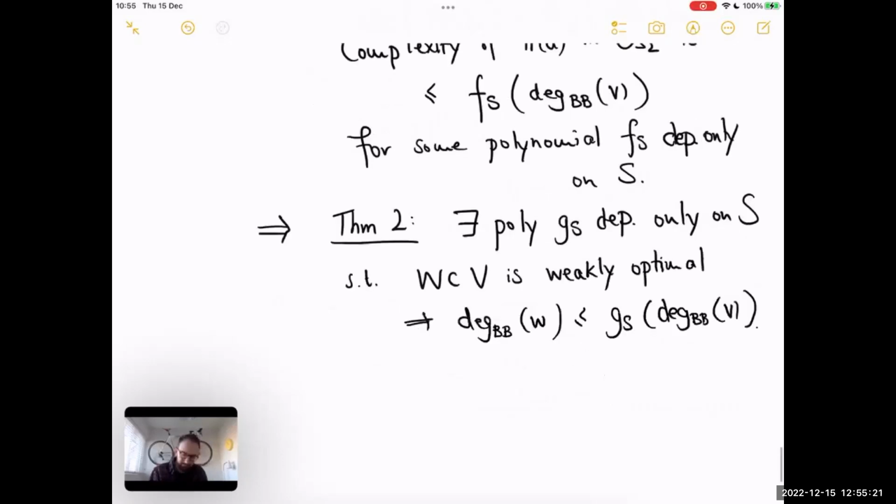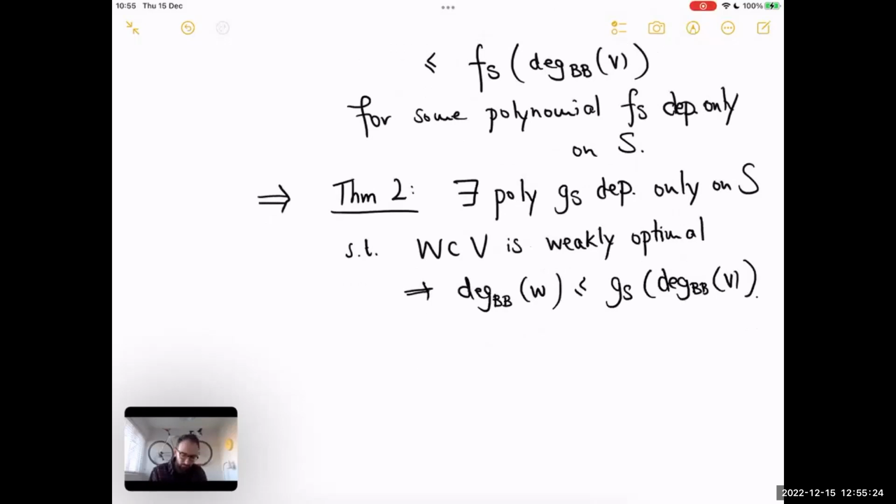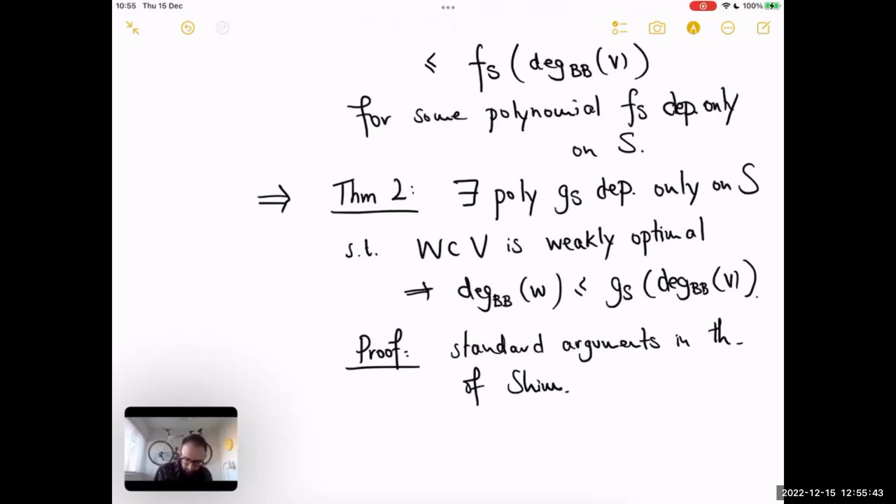So the proof of this latter fact, given theorem 1, is essentially standard arguments from the theory of varieties and intersection theory.